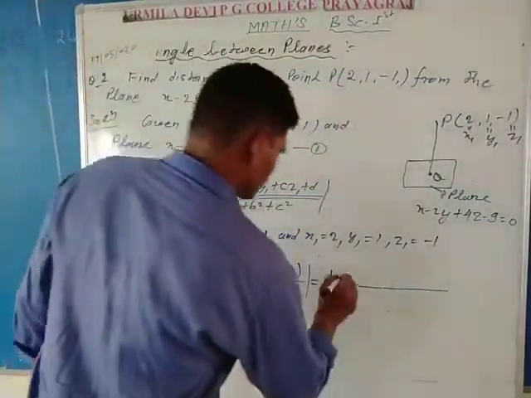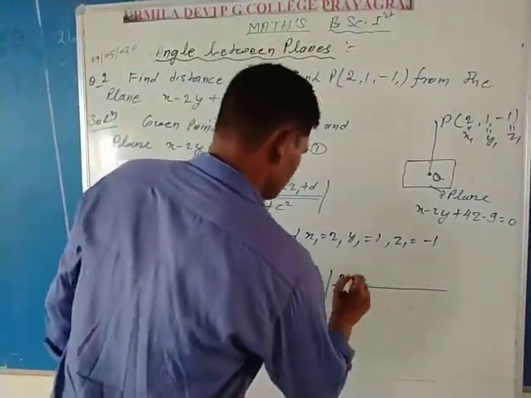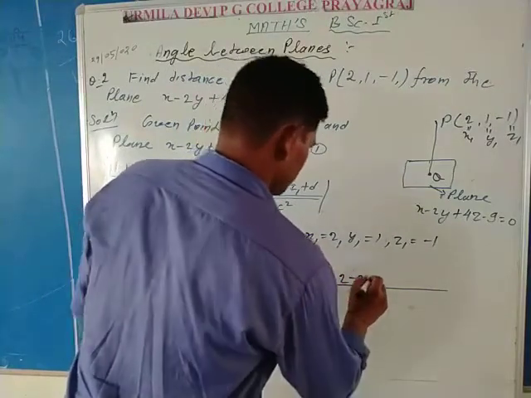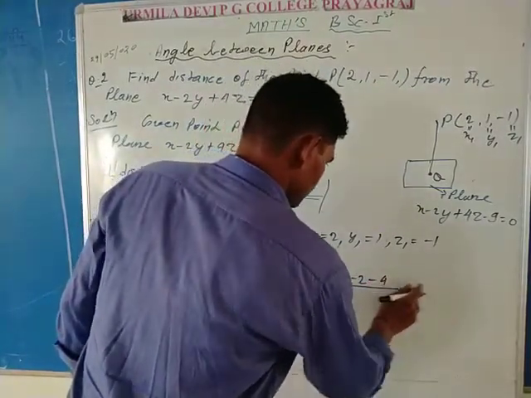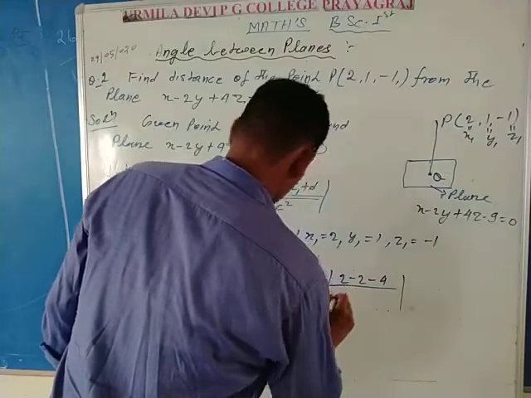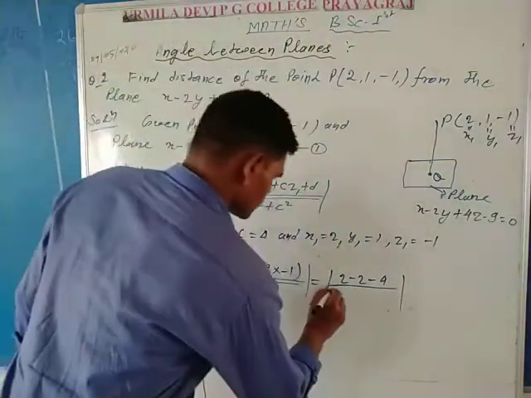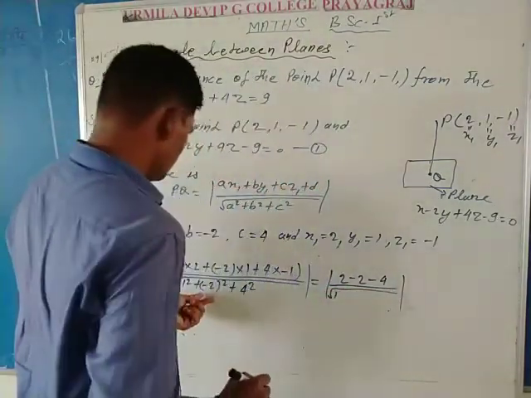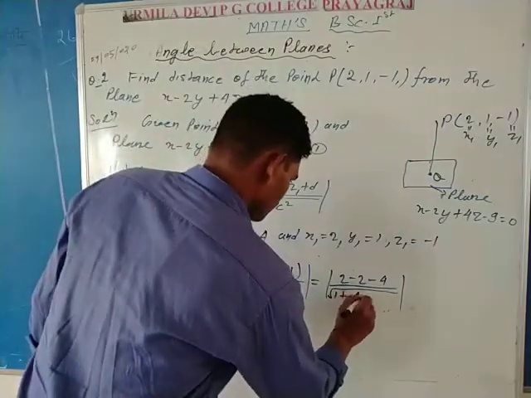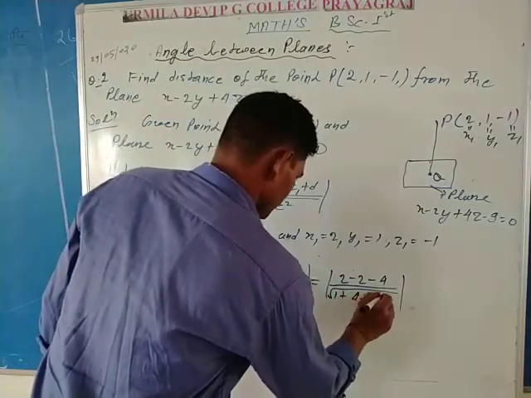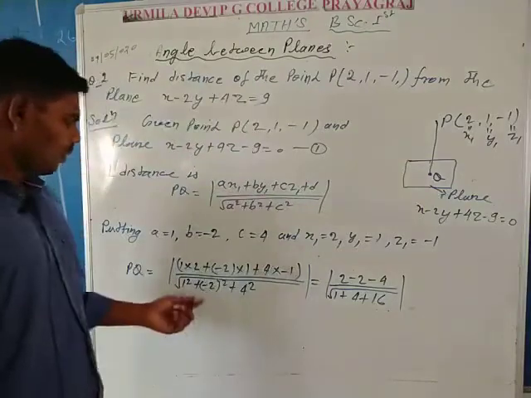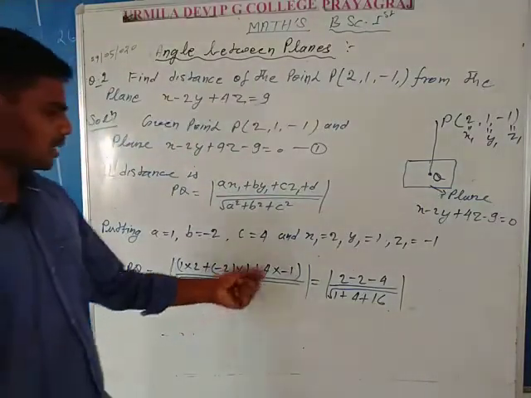This is equal to mod of 2, minus 2, minus 4, divided by under root of 1 plus 4 plus 16.